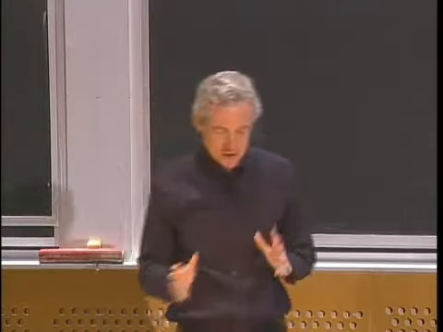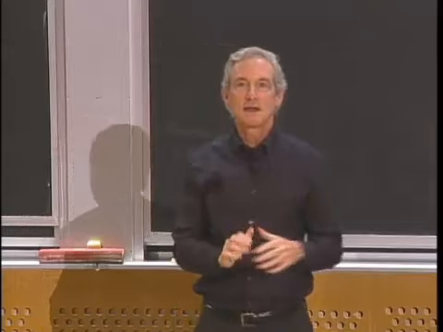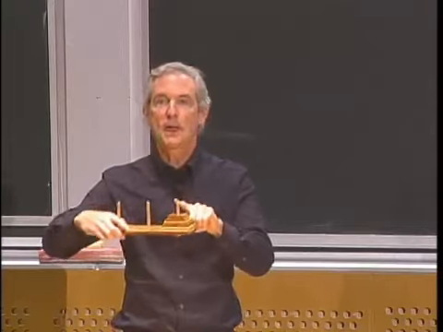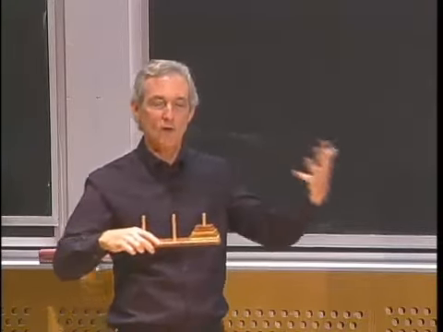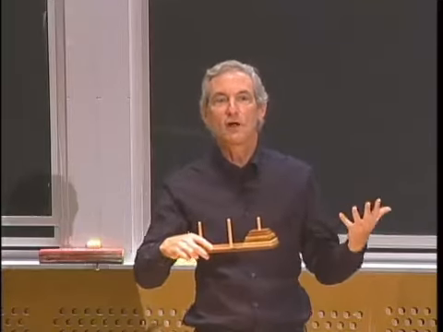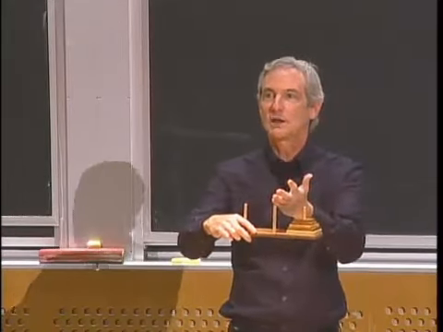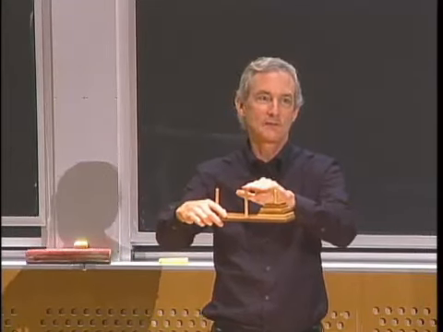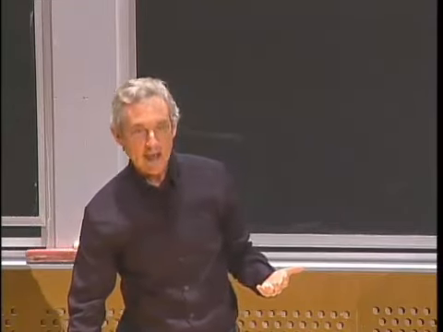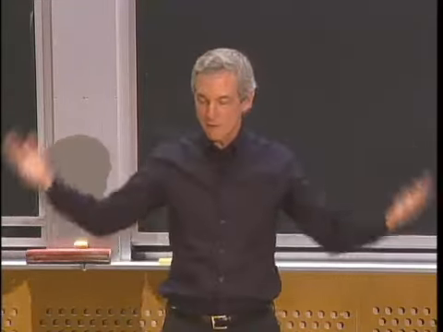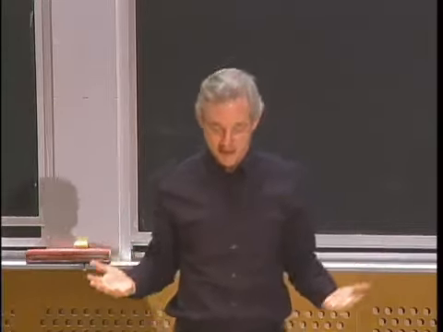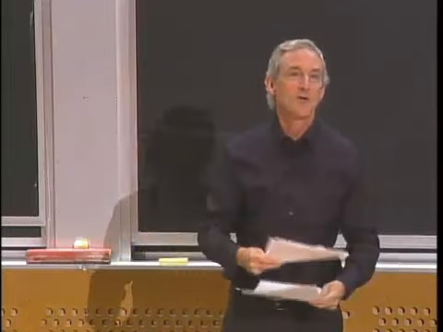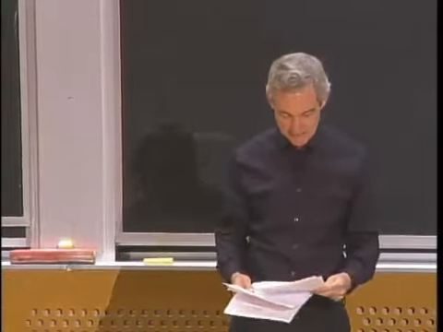And the story was, at the beginning of time, God placed the 64 disks on one of the 3 golden pegs, and he got an order of monks whose lifelong mission was to move the disks one at a time so that at the end all 64 disks were lined up on an adjacent peg. And according to legend, when that task was done, the tower would crumble and the world would end. Sort of explains why monks are never smiling, because they work forever and then just something bad happens.